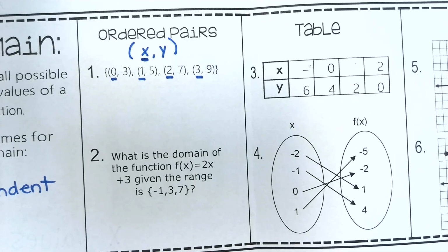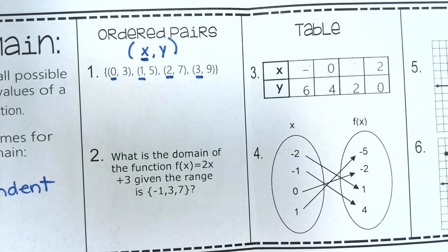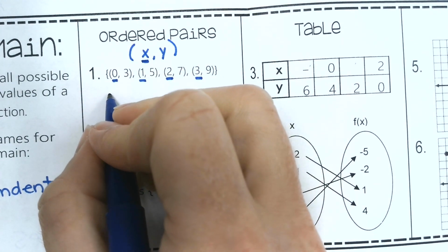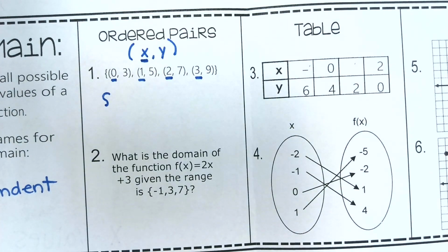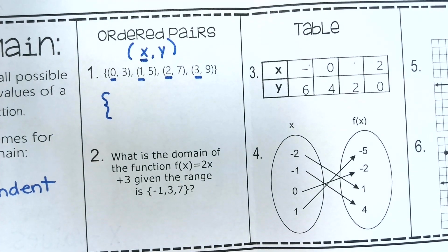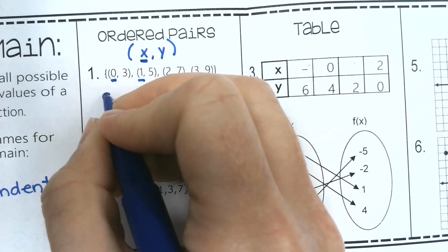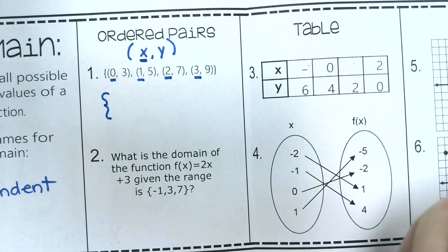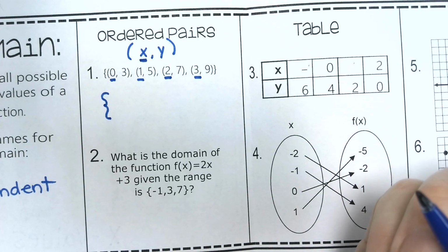So that's our domain. We are going to put them as a set with these little curly braces. The curly braces are going to be like an S and then a backwards S. That's how I make my curly braces.